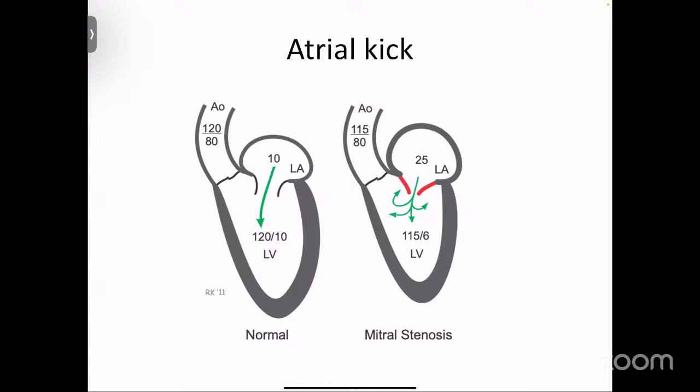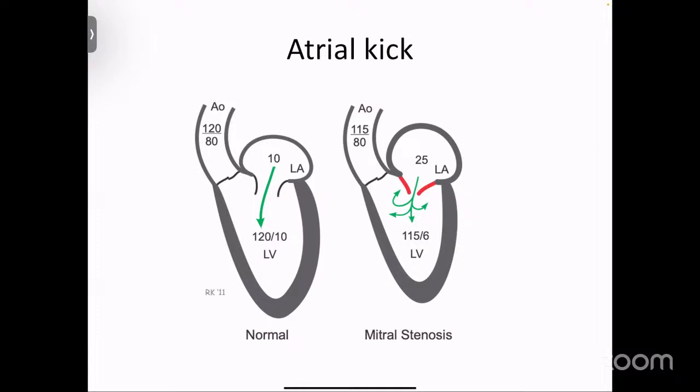This pressure is then transmitted to the pulmonary vasculature, resulting in pulmonary hypertension. And as this pressure develops or remains elevated, the left atrium will increase in size, and the greater the size, the greater the chance of developing atrial fibrillation.